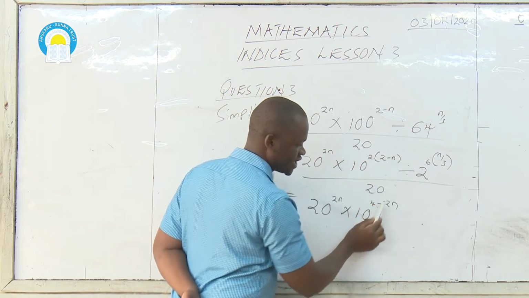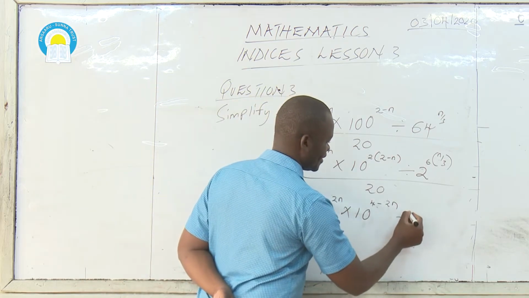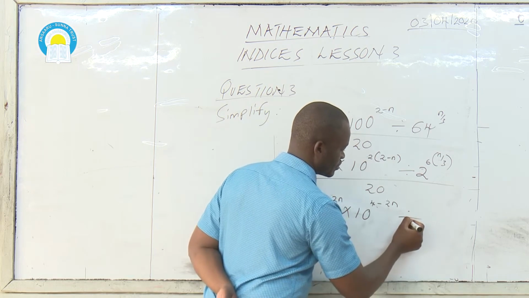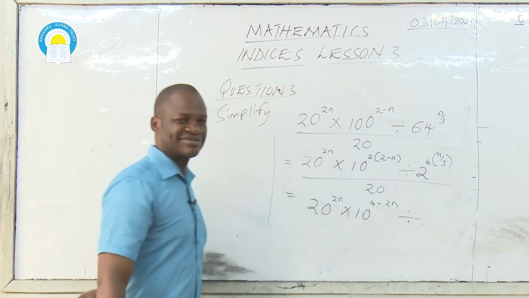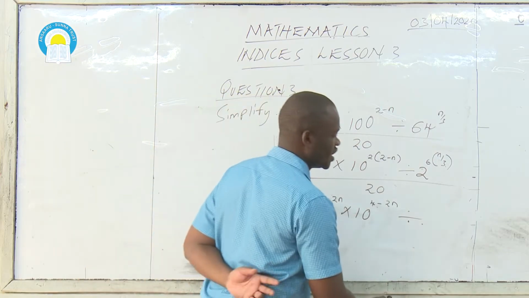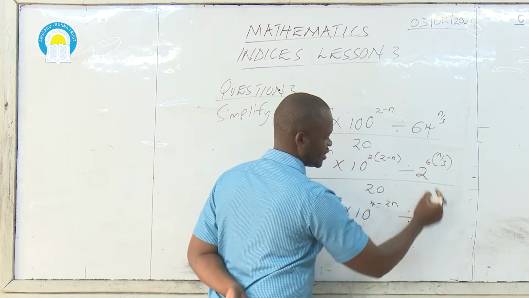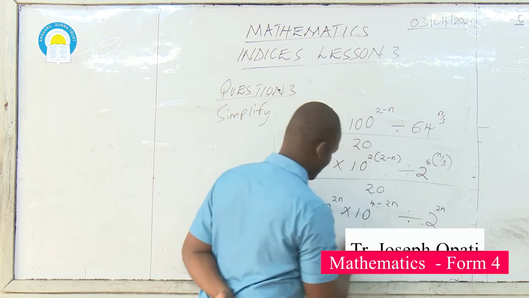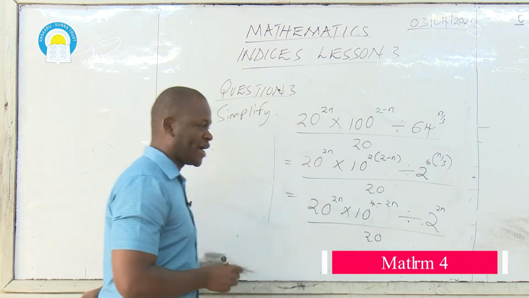But we have a minus which you must consider. Then divide by n over 3 times 6 will give you 2n, because 3 goes here 1, 3 goes there 2. So we have 2 power 2n over, you maintain your 20 there.